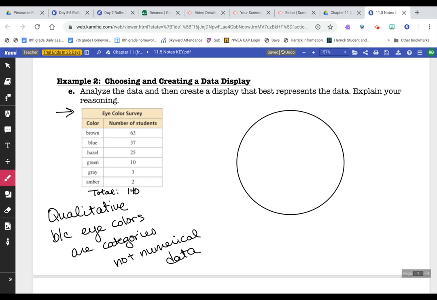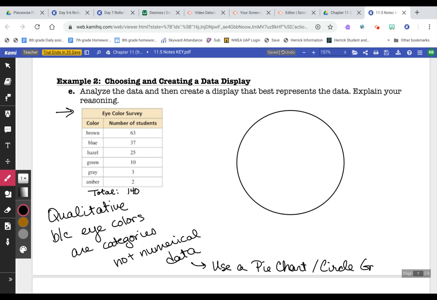Now to figure out how much of this pie chart or circle graph, and I should say they want us to explain that too. So qualitative, because eye color is category, not numerical data. Therefore, we're going to use a pie chart, AKA circle graph.